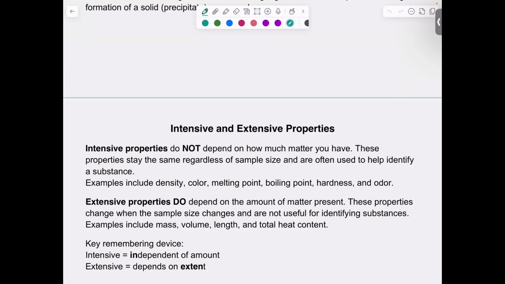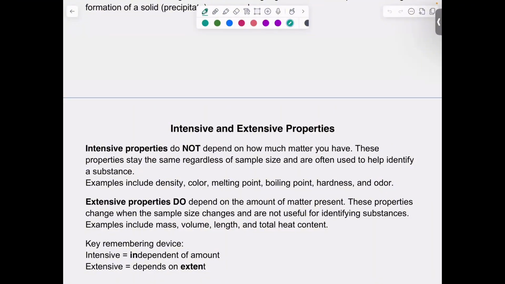So to go back to melting point or boiling point, whether you have a small ice cube or a huge iceberg, that particular substance is going to melt at 32 degrees Fahrenheit or 0 degrees Celsius. It's also going to boil at 100 degrees Celsius or 212 degrees Fahrenheit, assuming there aren't a lot of impurities in it.